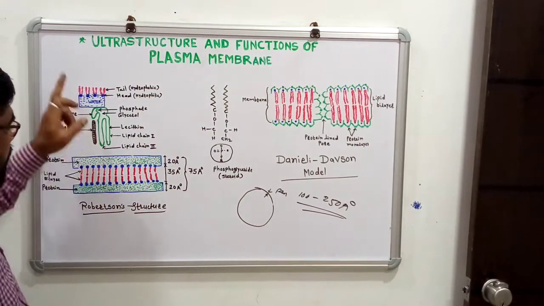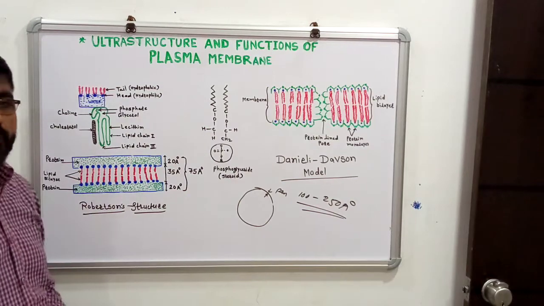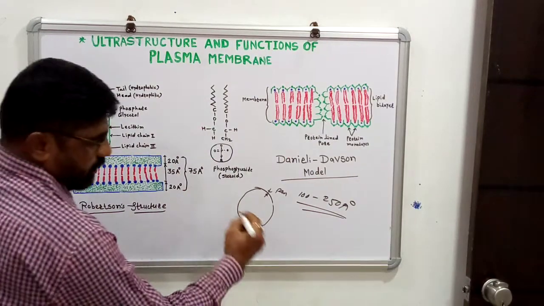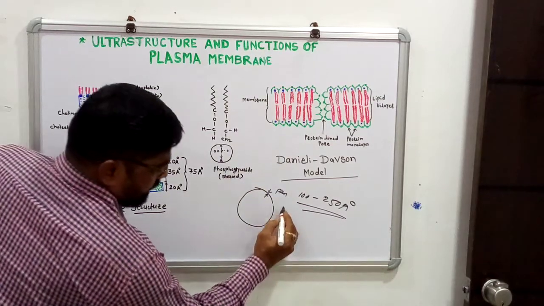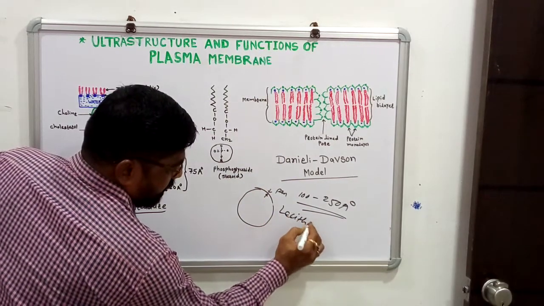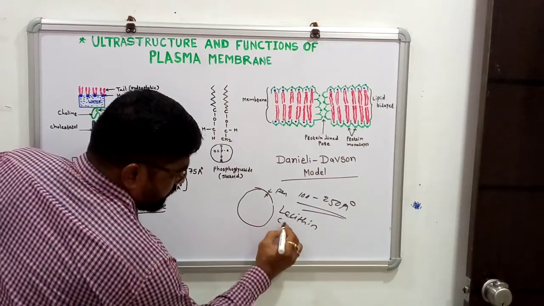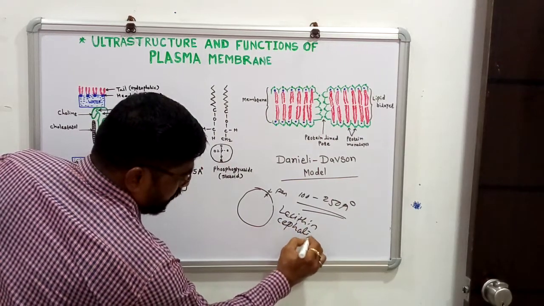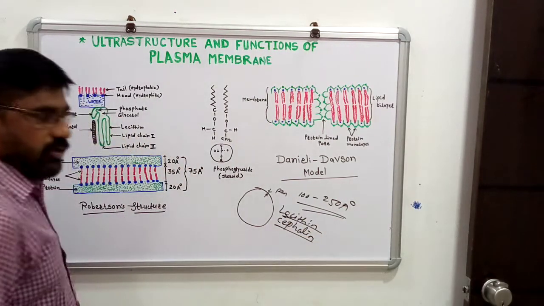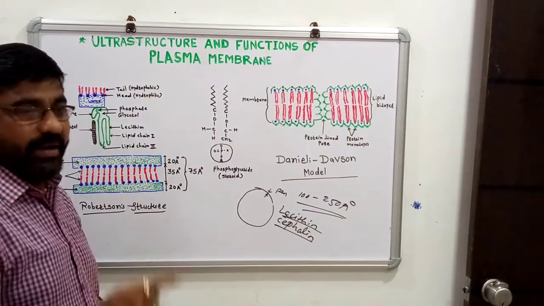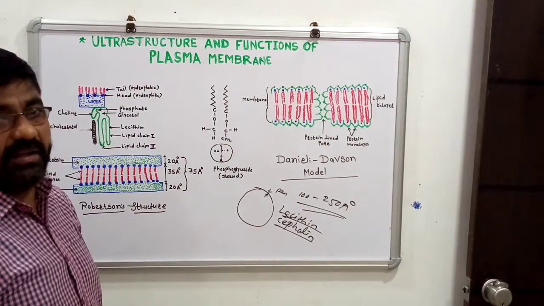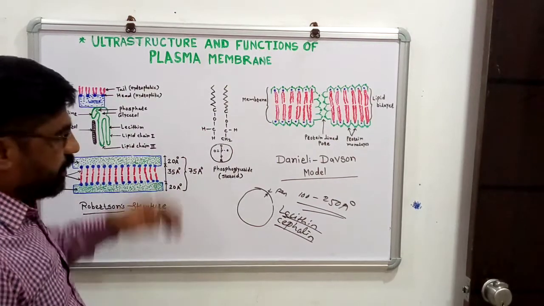Mostly phospholipids are used to form the plasma membrane, mainly lecithin and cephalin. These are the two kinds of phospholipids used to form the plasma membrane, along with the proteins.